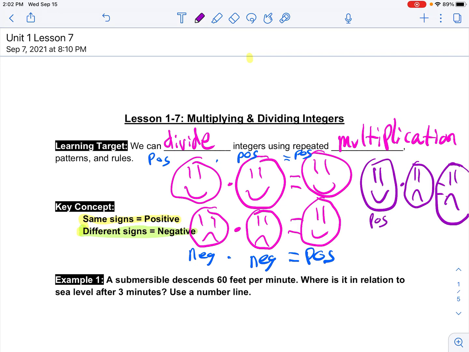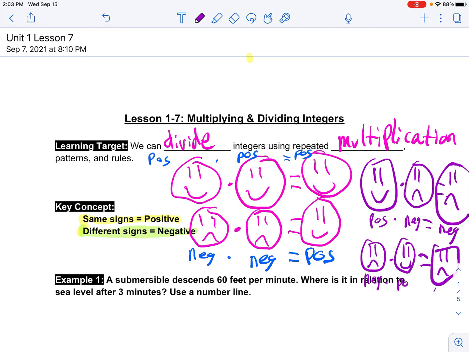So a positive multiplied by a negative always equals a negative. And it goes the same way if you start with a negative and multiply it by a positive, you're still going to end up with a negative, okay? Negative times positive equals negative. So anytime that the signs are different, it's going to equal negative.